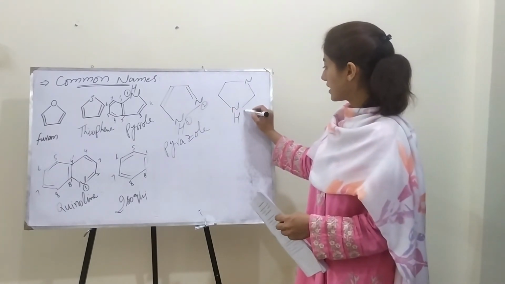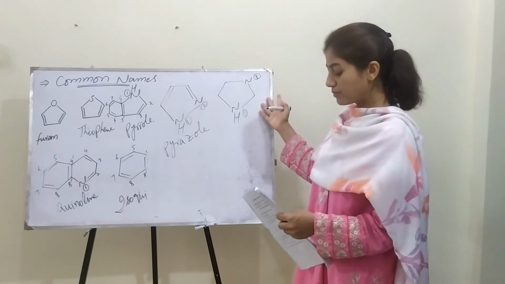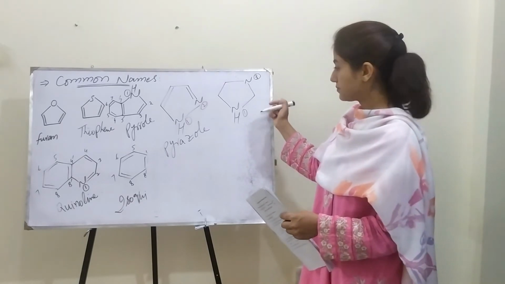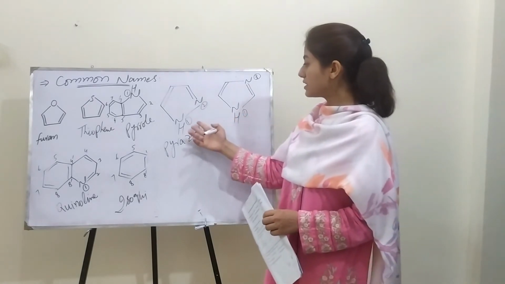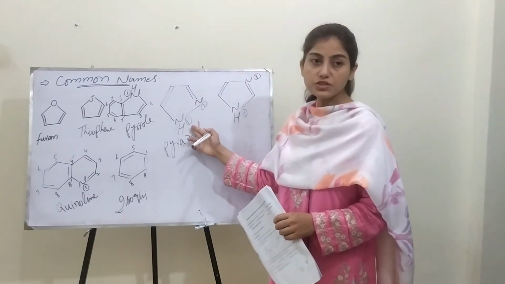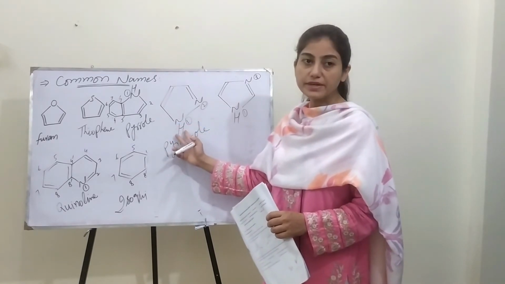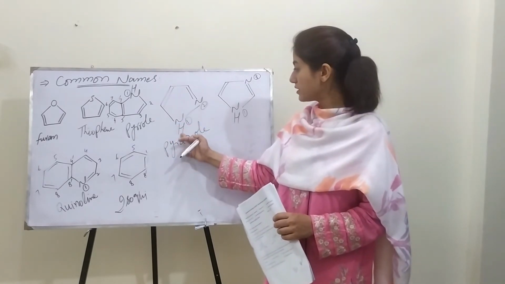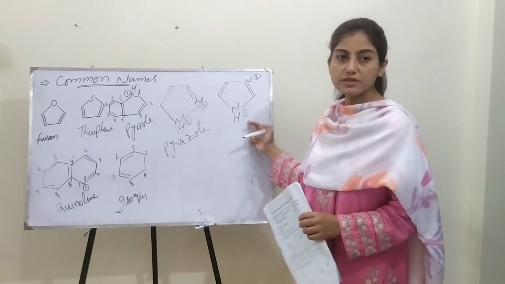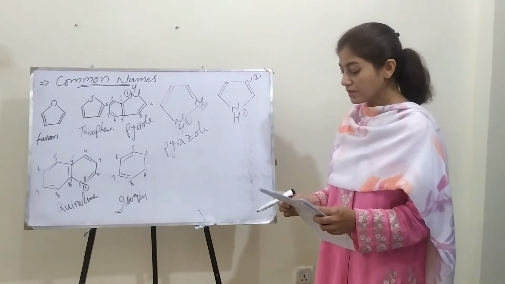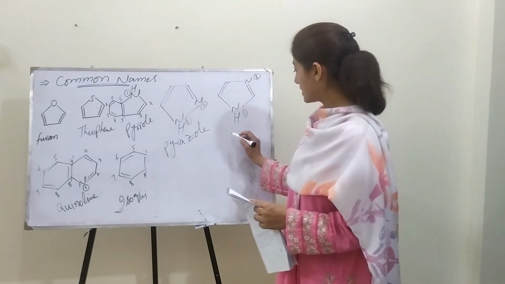But if the nitrogens are present at 1 and 3 position in this 5-membered unsaturated system, then number 1 position would always be given to that heteroatom that is saturated one. Here it is the saturated one, so it is given number 1, and here it is the saturated one, so it is given number 1. So its name would be imidazole.